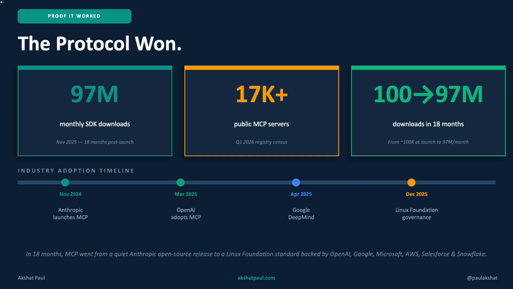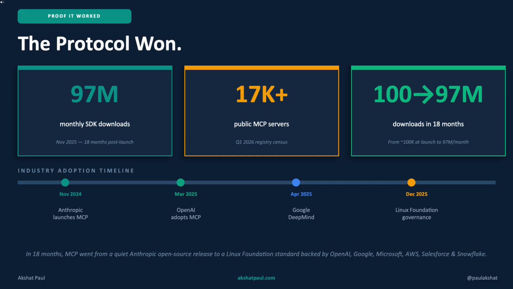By March 2025, just 4 months later, OpenAI adopted it across ChatGPT Desktop, their agents SDK, and the responses API. Sam Altman publicly said, "People love MCP, and we are excited to add support across our products." That's a competitor endorsing a rival's protocol. That almost never happens.